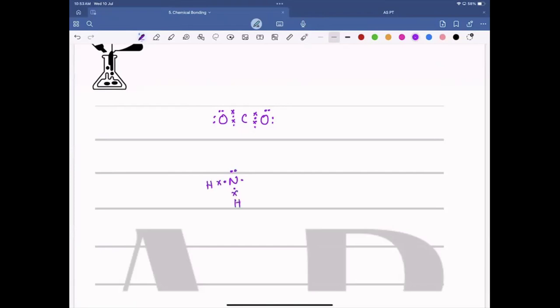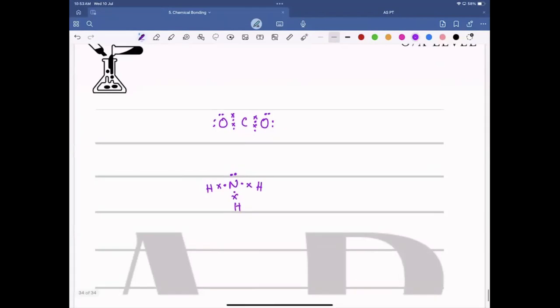There are 3 shared pairs of electrons, and each shared pair has 2 different electrons, so it is still a covalent bond. If there is a case where a pair has 2 same electrons, that's a dative bond.